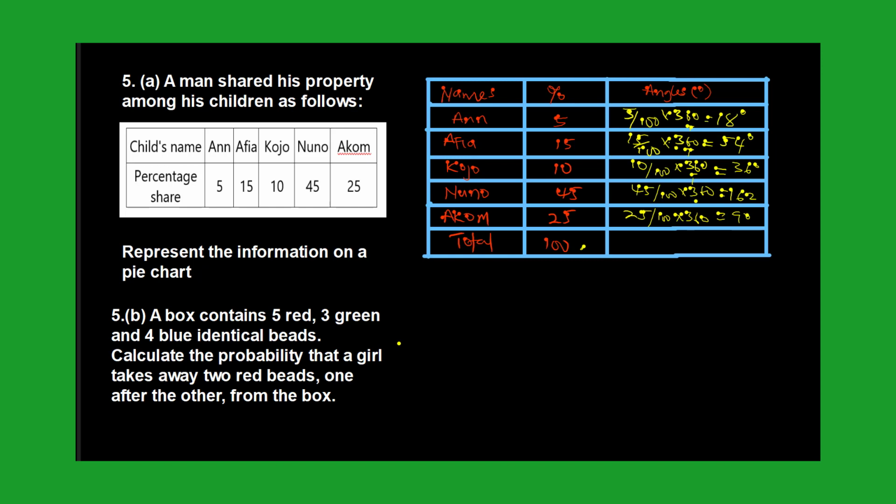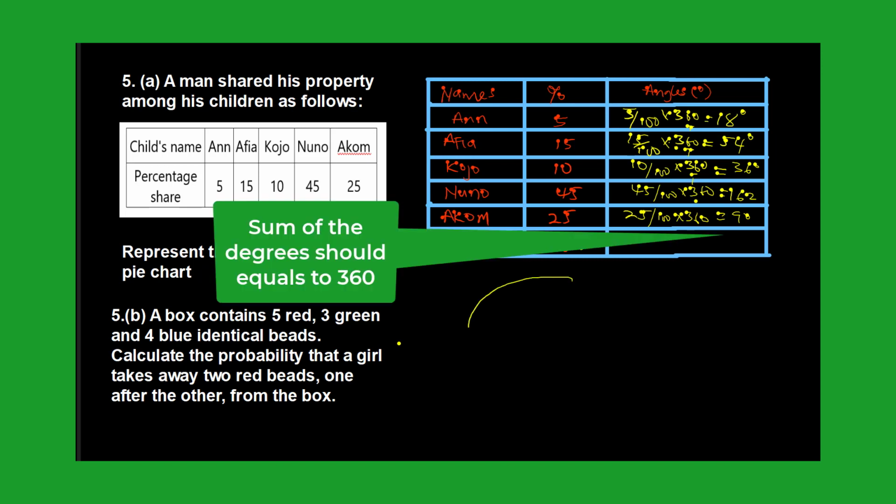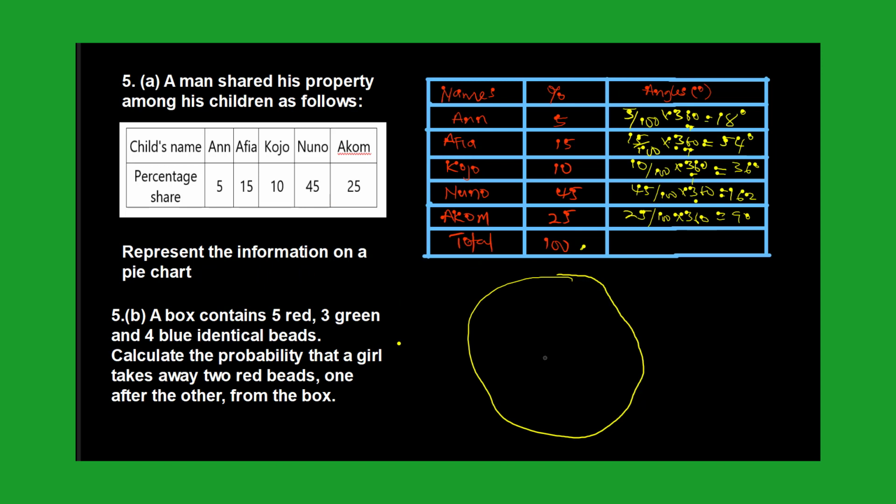Now let's represent this information on a pie chart. So we are going to draw a circle. Let's start from Acom, being 90. Acom is 90 degrees, which is exactly 1/4 of the pie chart.